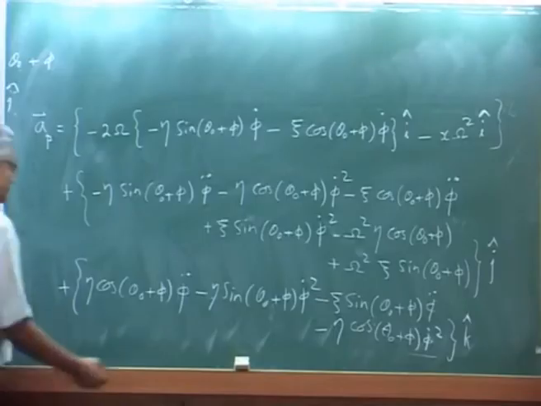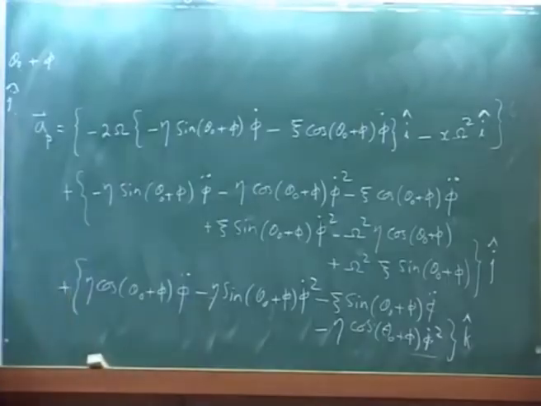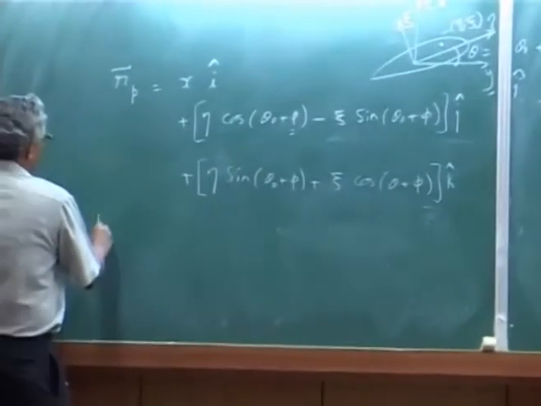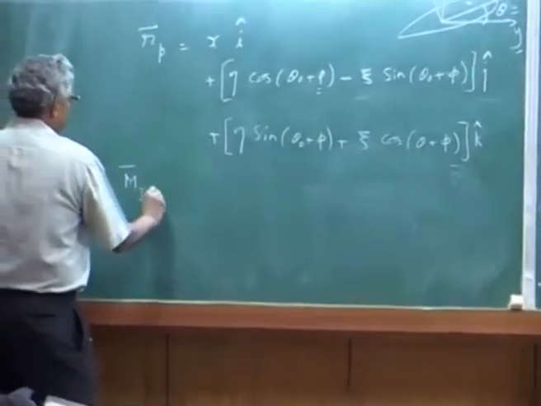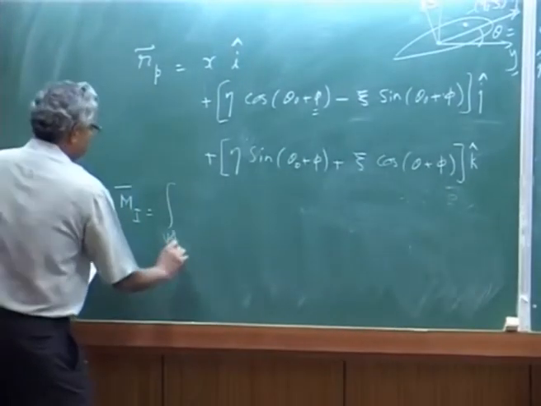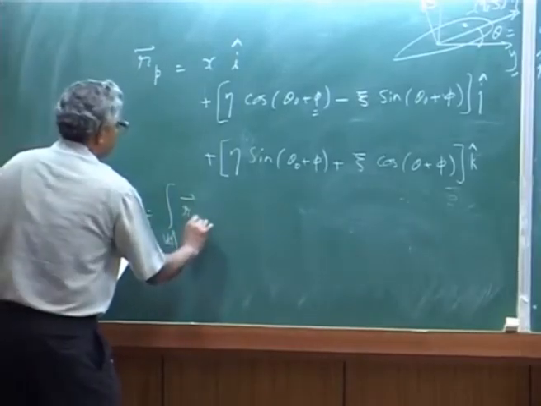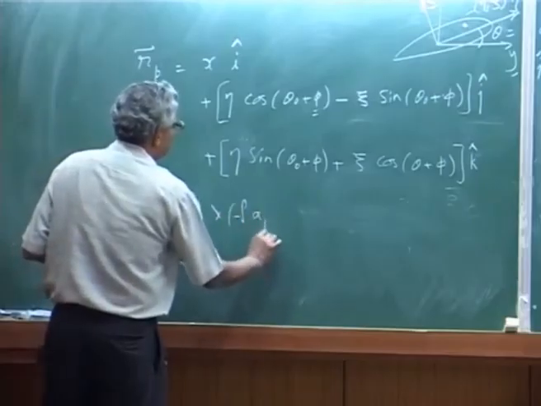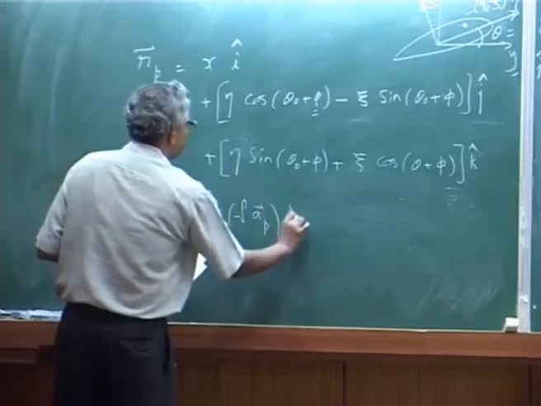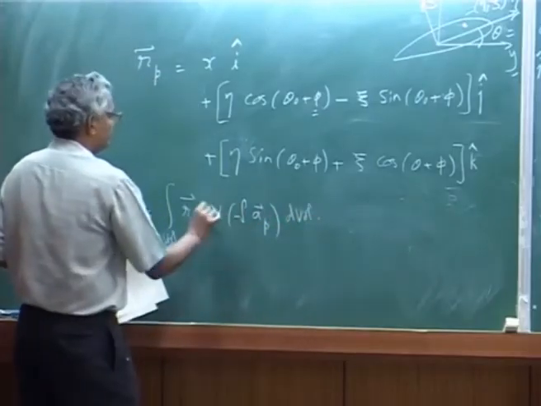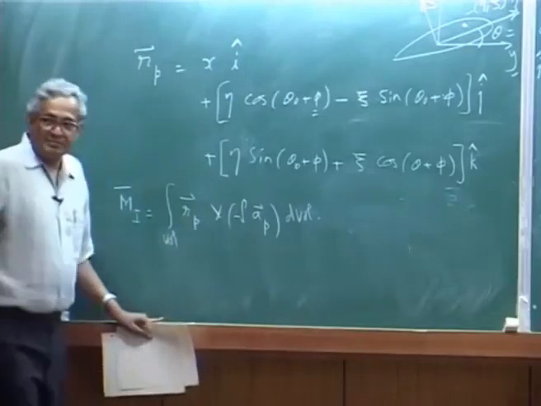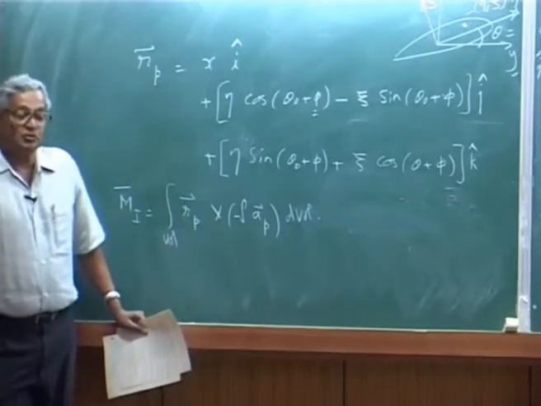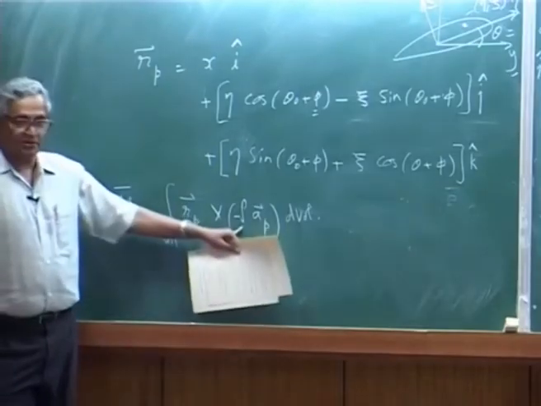Now you want to write the equation of motion. So the inertia moment as a vector is the integral over volume of r cross p, times rho. Rho is the mass per unit volume.